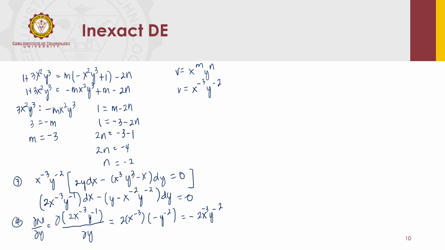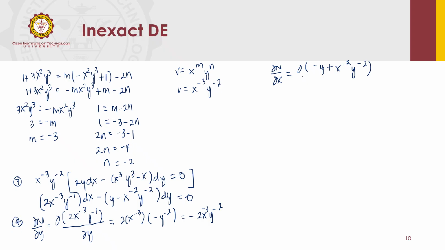And for N, partially differentiate N. So we have here a negative sign. So distribute the negative sign so I will not write many parentheses or grouping symbols. So that's plus x to the negative 2, y to the negative 2.